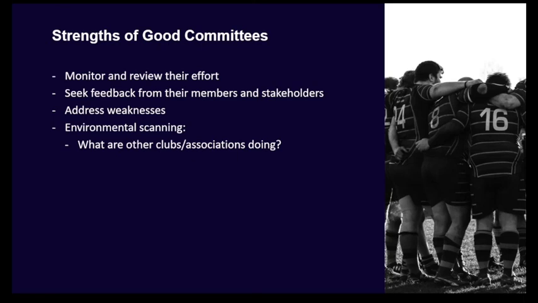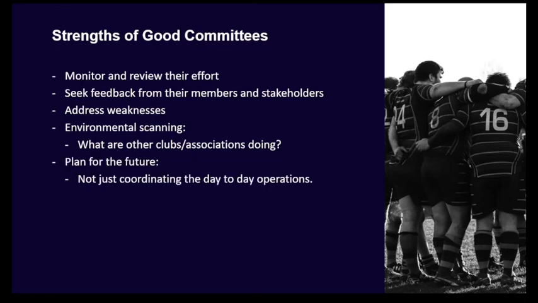Again, good committees will keep on doing that environmental scanning and observation, identifying what other clubs and associations are doing well, and that will help you track towards improving your club as a whole. Planning for the future, not just coordinating the day-to-day operations, is crucial to any good committee.